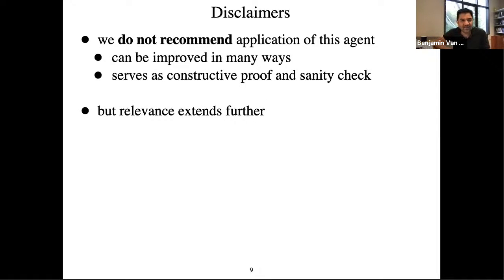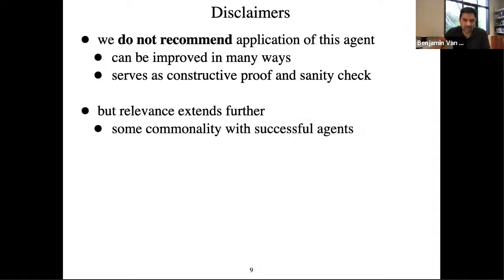That said, there's a lot of work in reinforcement learning that deserves that kind of disclaimer. But in this case, I think that the relevance extends further than a constructive proof. In particular, the agent is designed with elements that are common across practical and successful agents.